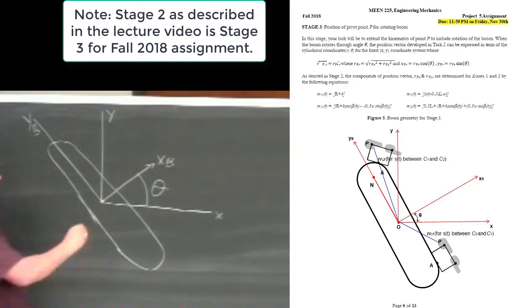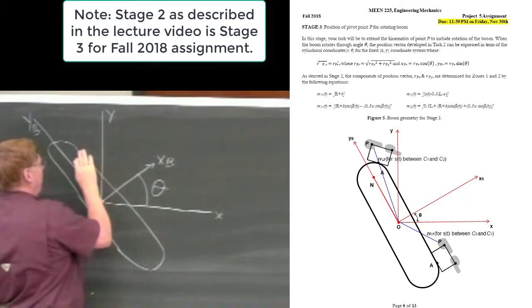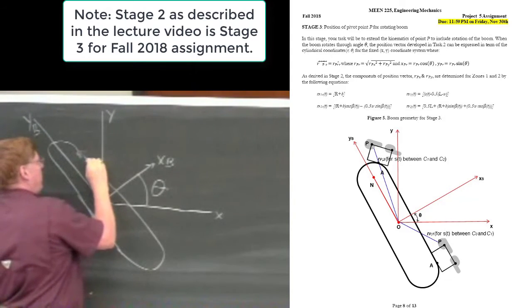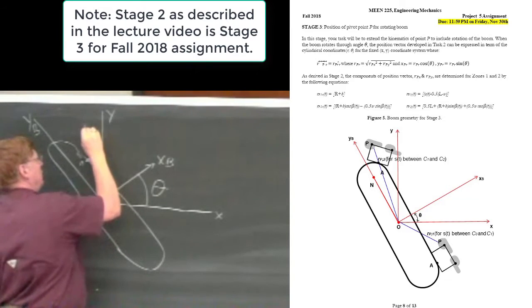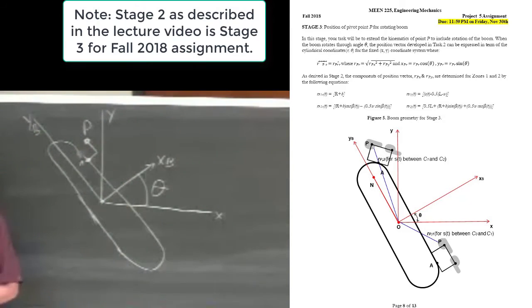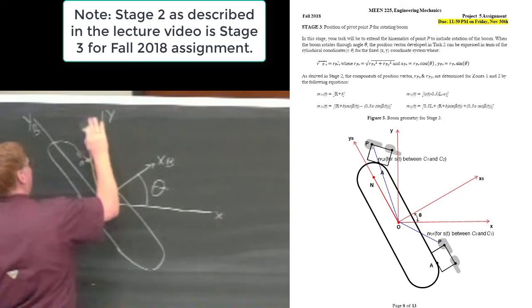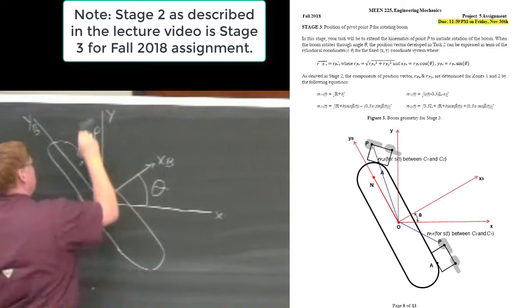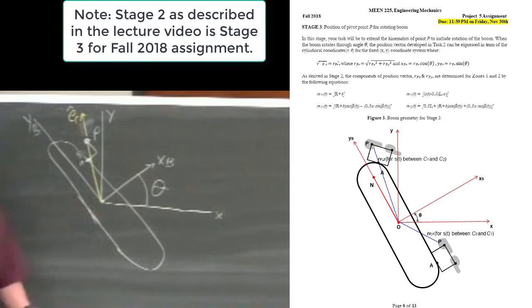So I chose to set up my coordinate system. I'm going to go ahead and pick an arbitrary point out here. This is where A is. We come out here to P. You have P expressed in terms of I. How far am I away from the center of the boom?